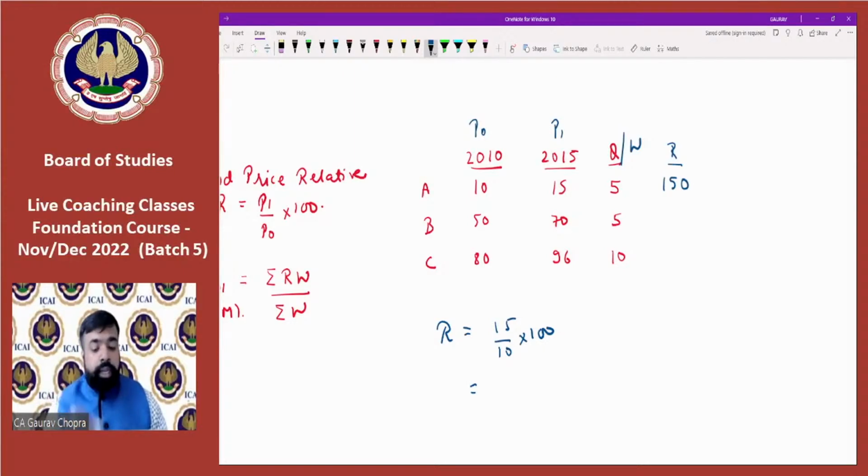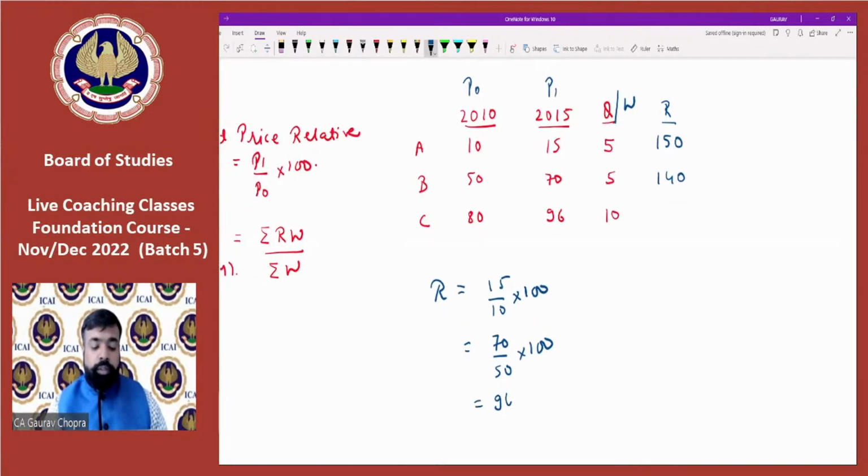Then for the second value, 70 upon 50 into 100, 140. And for the third one, 96 upon 80 into 100. So we are getting 120. This is R. That is the first step. Okay.